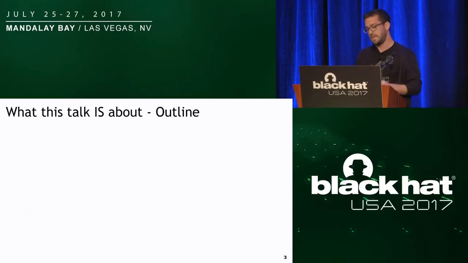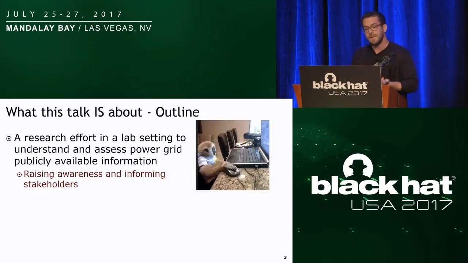So the outline of this talk, what this talk is about. This talk has two distinct parts that will be delivered by each of my colleagues here. The first one is a research effort in a lab setting. I want to get this clear immediately: all of this work has happened in the lab.